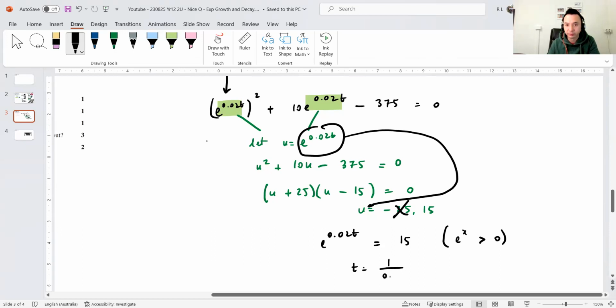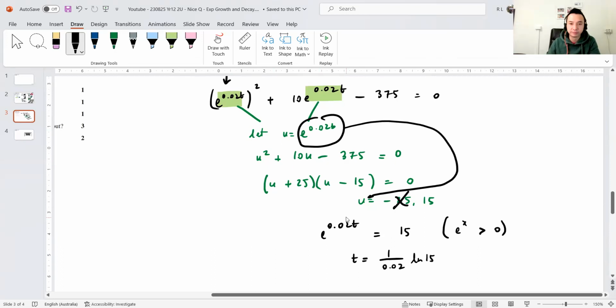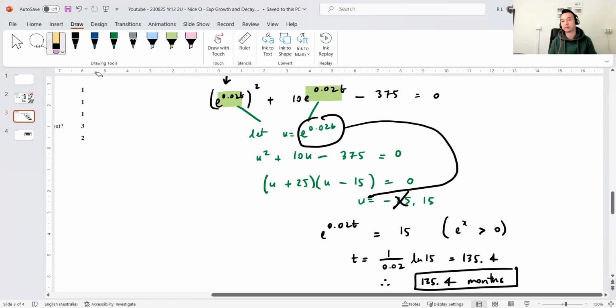So 1 on 0.02, ln 15 on your calculator. What does that give you? I think 135.4. So therefore, 135. Now, because it doesn't say, maybe you should go 0.4 months, or something like that. Or 0.5. Maybe I'll go 0.5. No, leave it.